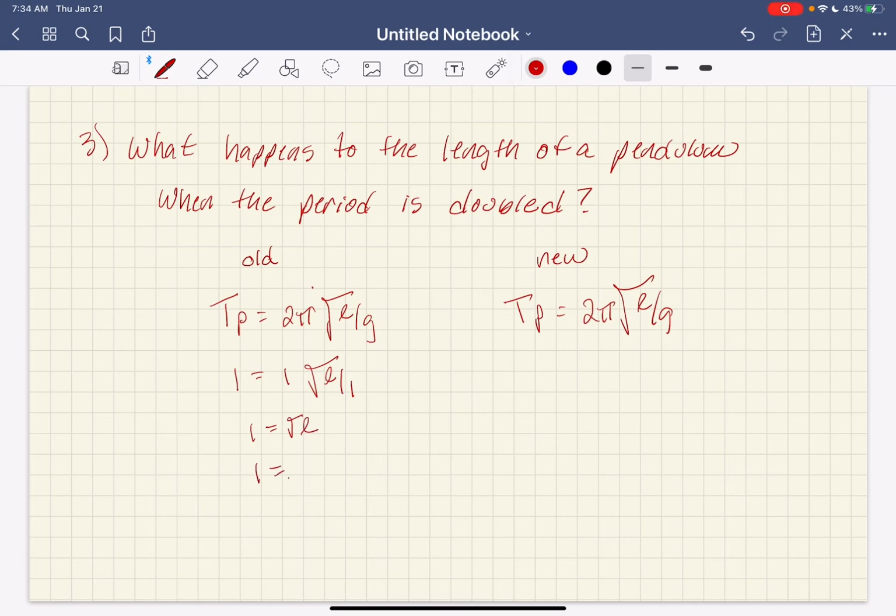So 1 equals L. So I'm comparing what would happen now if I doubled the period. So I put in 2 because I've doubled the period and everything else stays the same. I want to find my new length.